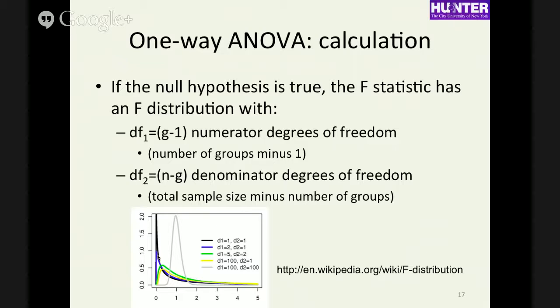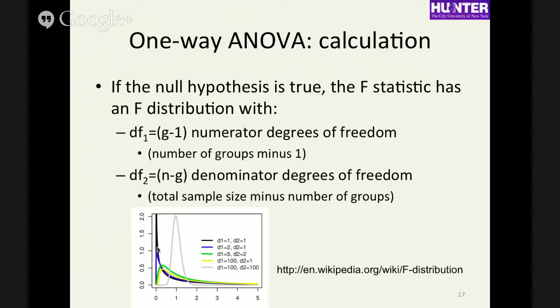So let's look at some of these. The black here is one numerator degree of freedom and one denominator degree of freedom. In that case, we get a pretty long tail, and we have it centered somewhere down here, close to 0.